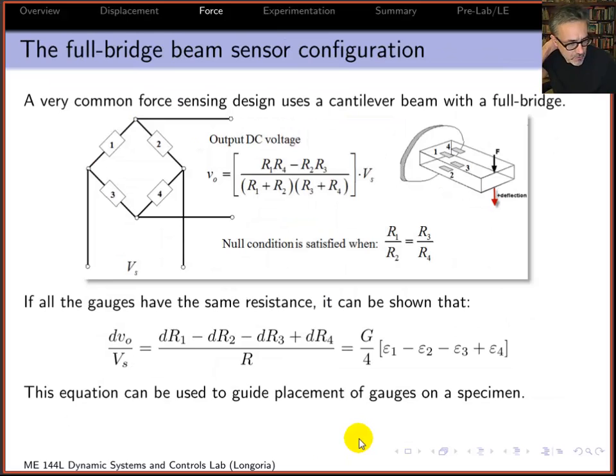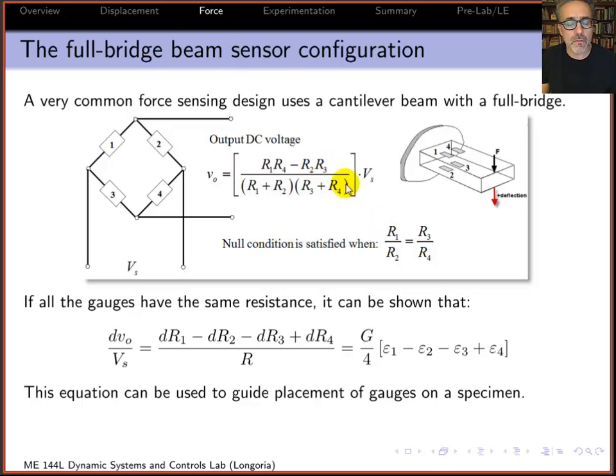And so this slide summarizes a really common way to configure the 4 strain gauges as a full bridge. You put in an input voltage of ES and you measure the output. If you recall, if you have this null condition, then this output is 0, right? We're not interested in that. We're interested in what happens when we load this and the resistance values start changing. It's that change that we're concerned about when we have some strain.